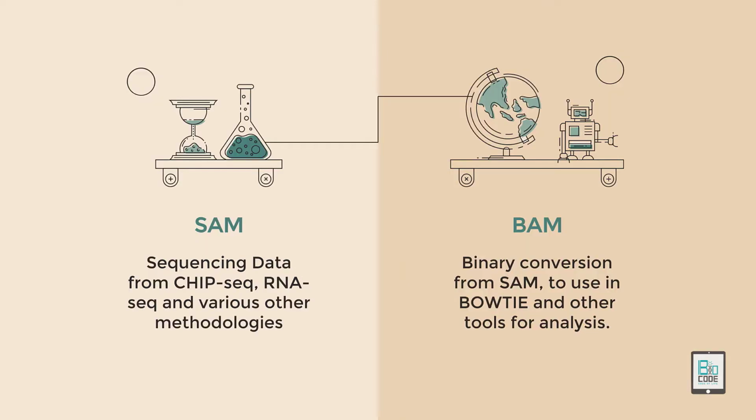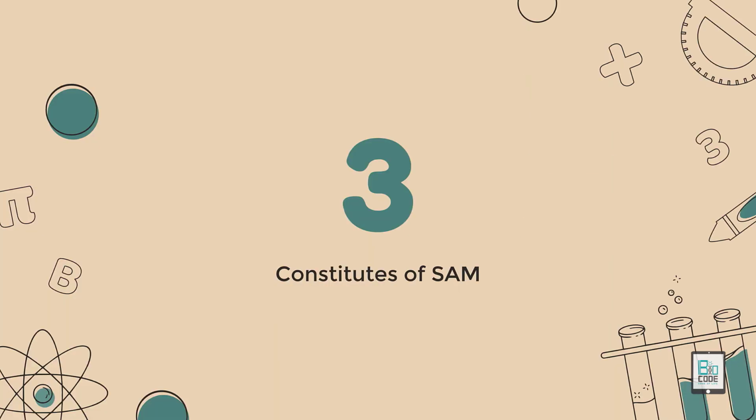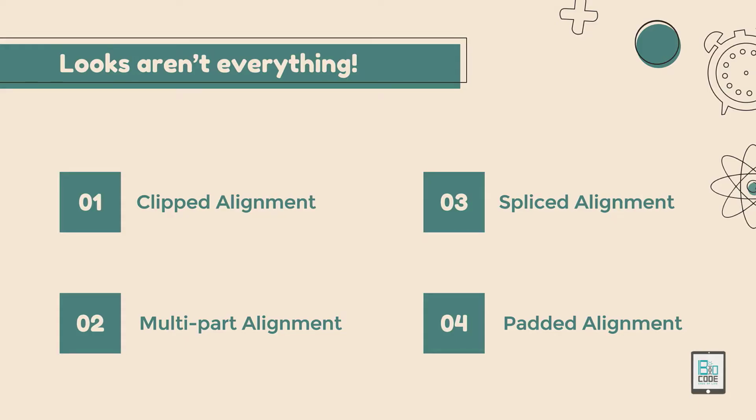So SAM on one hand is used to store sequencing data from ChIP-seq, RNA sequence analysis, or other various sequencing technologies or methodologies. And BAM is the conversion from a SAM file into a binary or compressed file format, so that it can be used in some tools such as Bowtie, Bowtie2, and various other tools for genomics analysis.